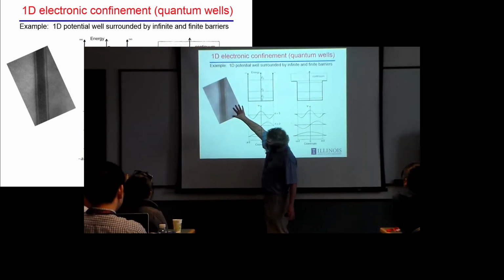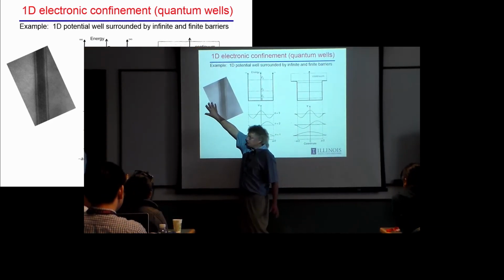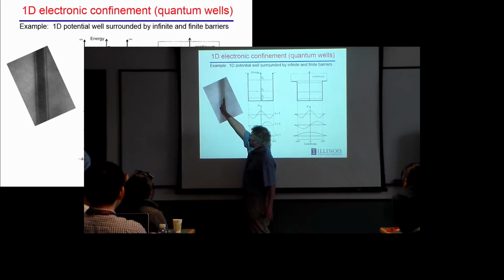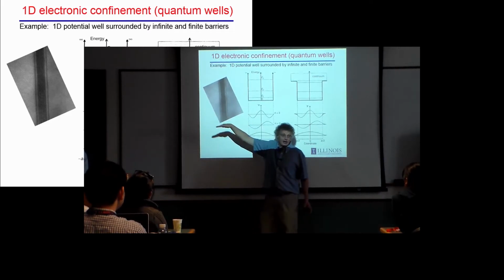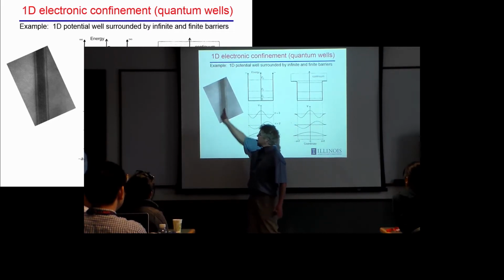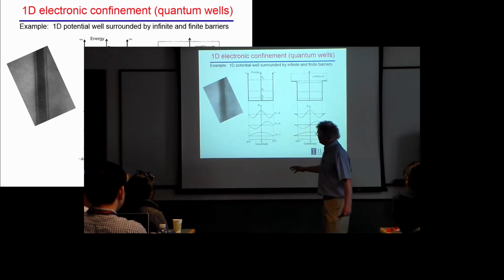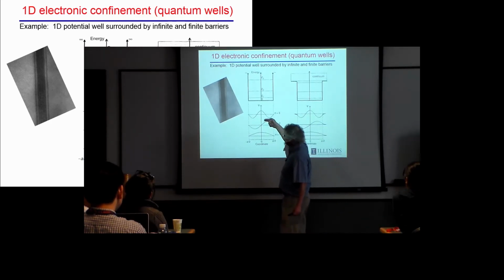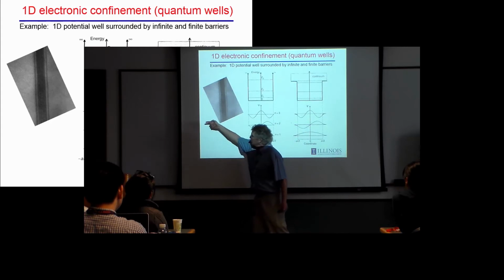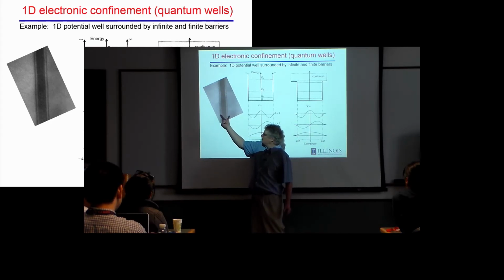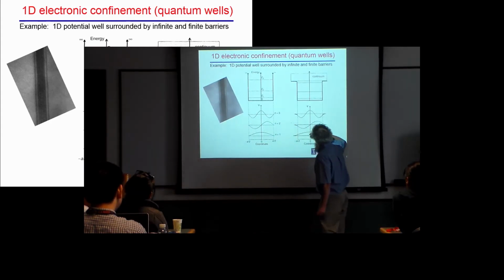So this is semiconductor on this side, this is semiconductor on the other side, and a small semiconductor in here. This dimension is confined, but in this dimension, it's infinite. So what that really means is that when I talk about the energy related to this dimension, it can only go into the state.